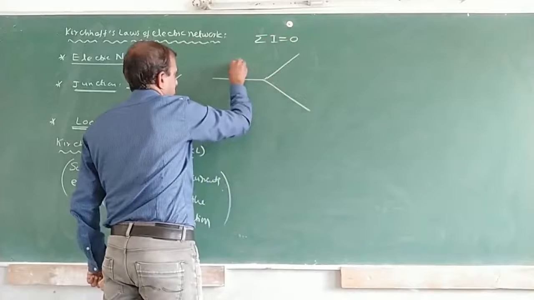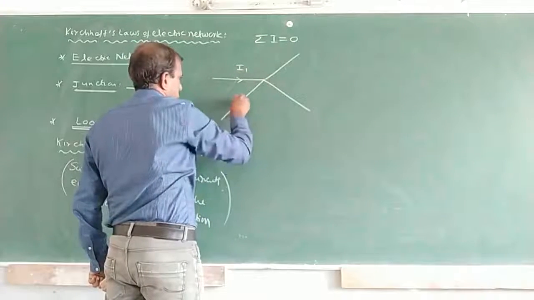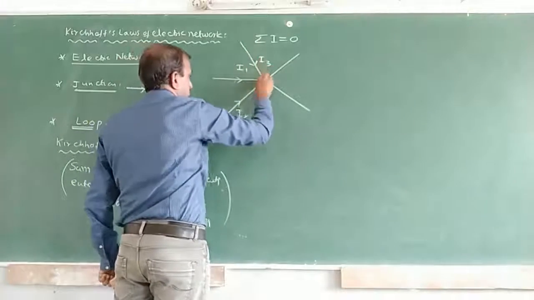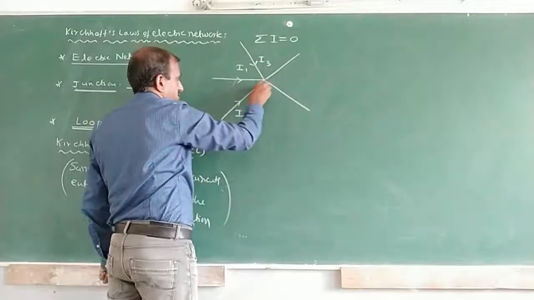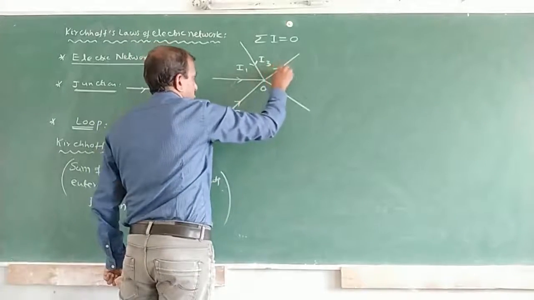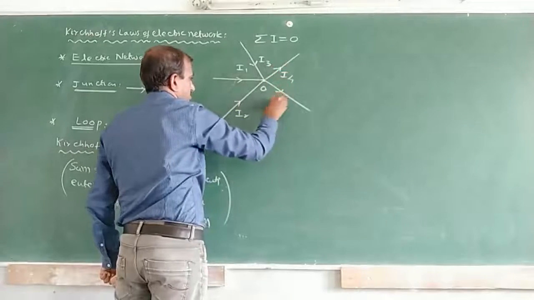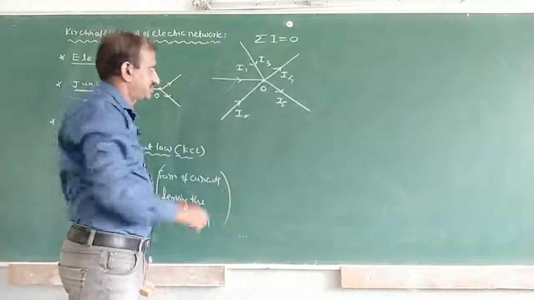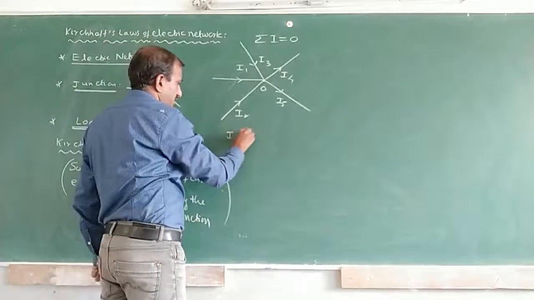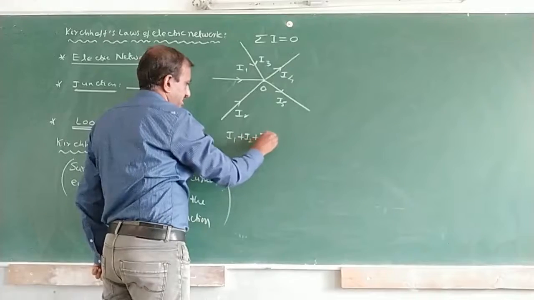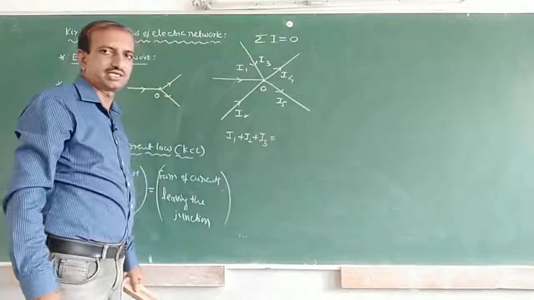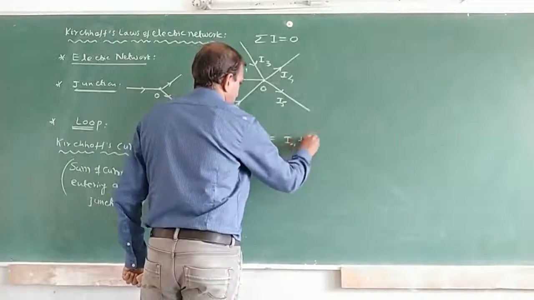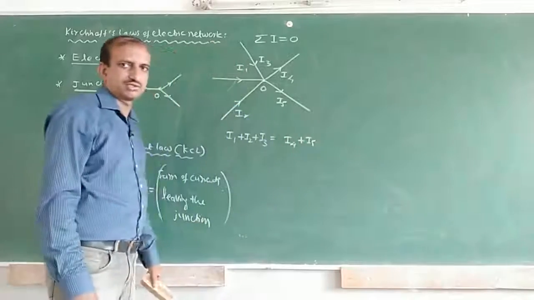This is current I1, this is current I2, this is current I3, meeting at the junction O or entering the junction O. This is current I4, this is current I5 leaving the junction O. I1, I2 and I3 are entering the junction, and I4 and I5 are leaving it.